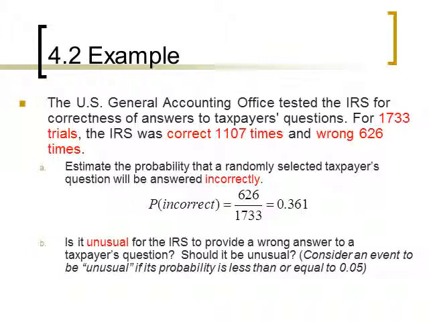Is it unusual for the IRS to provide a wrong answer to a taxpayer's question? Should it be unusual? Now, when we answer these questions about unusual events, we need to always remember that an event is unusual if it's less than or equal to 0.05, which is 5%.